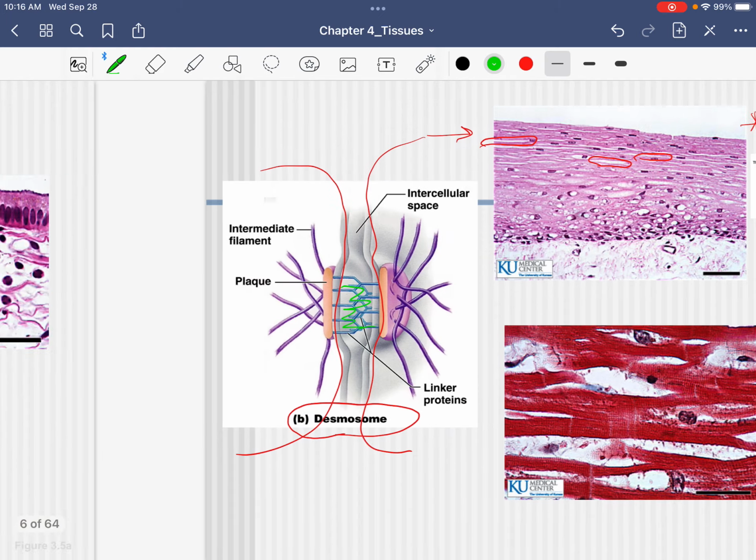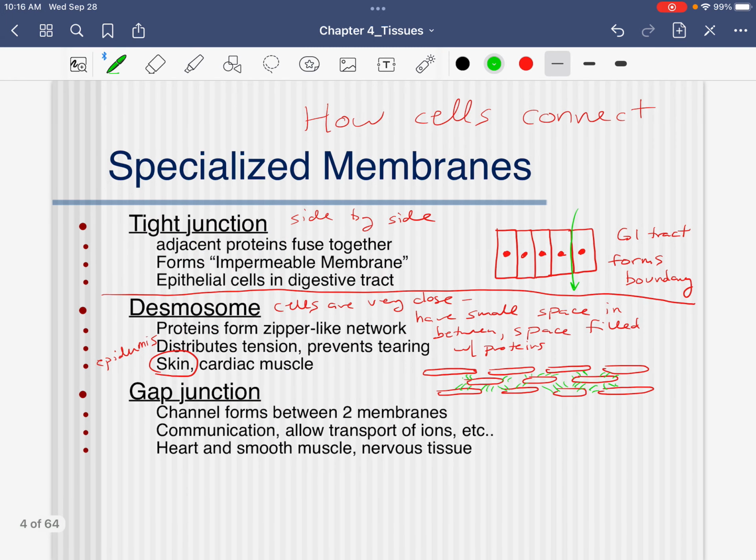The idea here, there's a reason, of course, and the reason is that it gives it some flexibility, but it also helps to distribute tension. So it gives some flexibility, but it helps that tissue to be able to handle some tension.